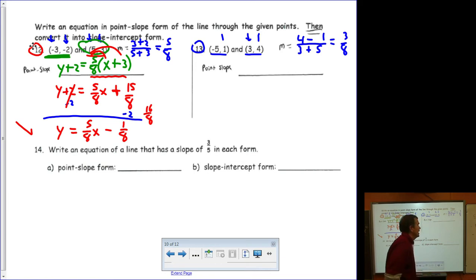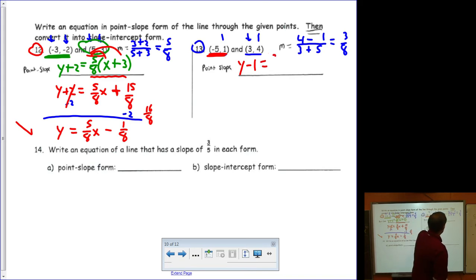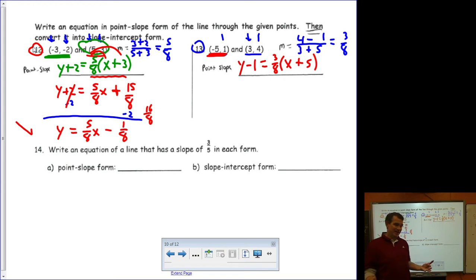I can then use my slope, and I'm going to use the first point to write my equation. So my equation would be y minus the y value equals 3/8 times x minus the x value, which is -5, so it's going to be minus -5 or plus 5. That's my equation in point-slope form.